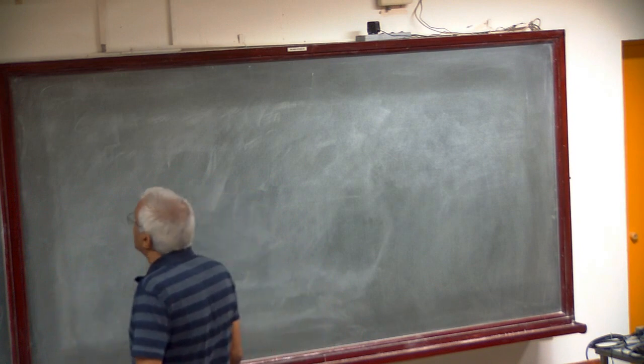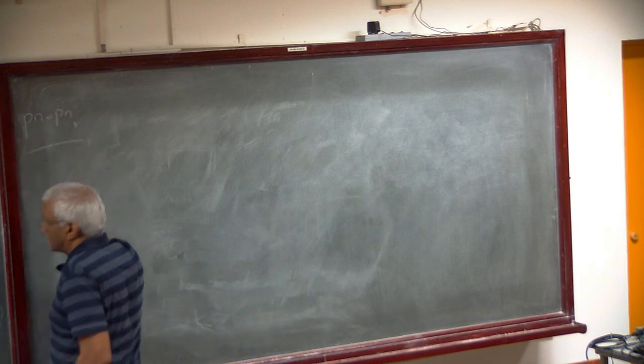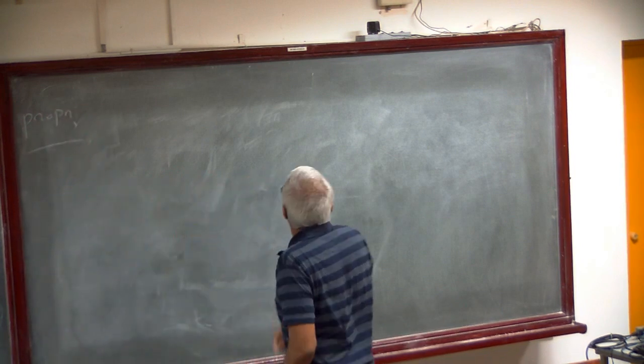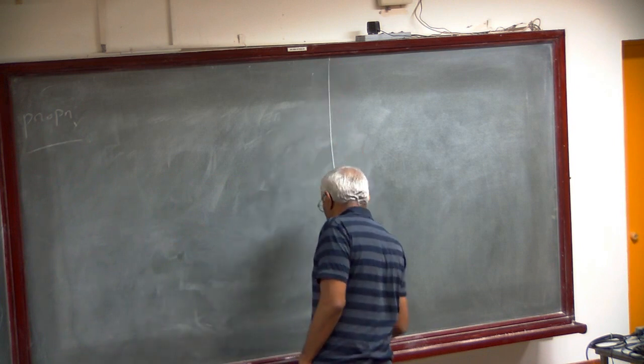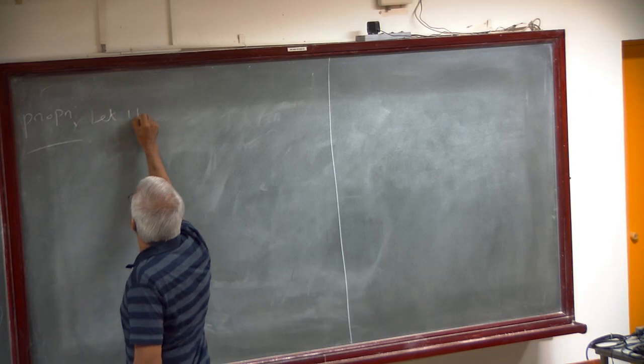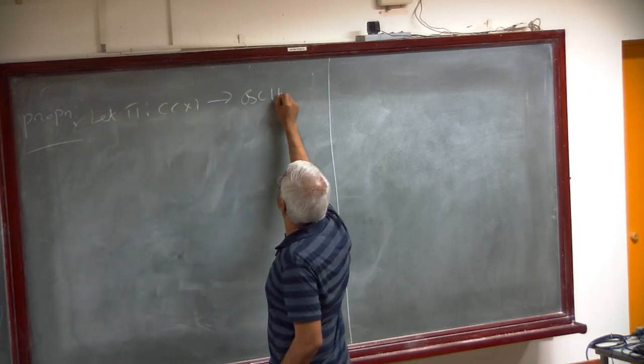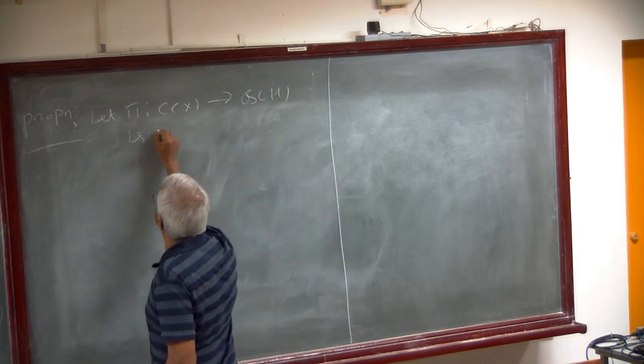Now let us use the Riesz representation theorem to prove the following. Let π from C(X) to B(H) be a cyclic representation.